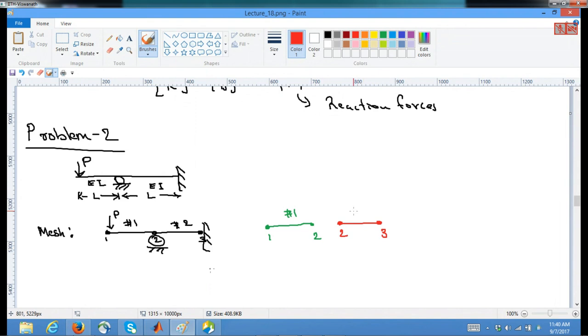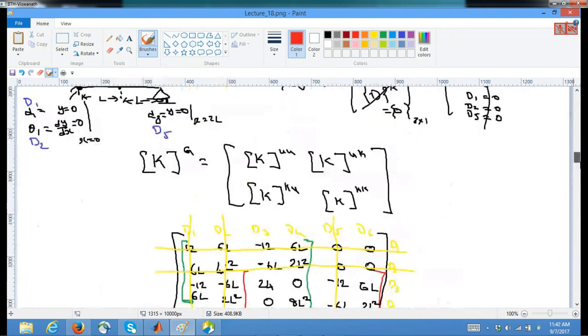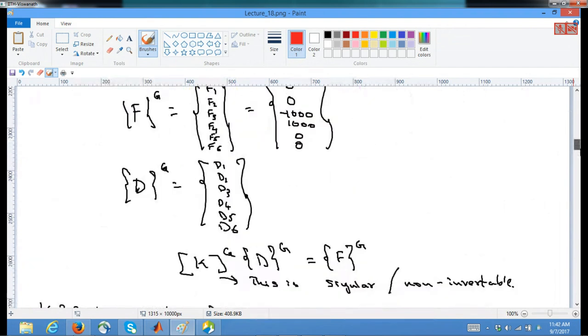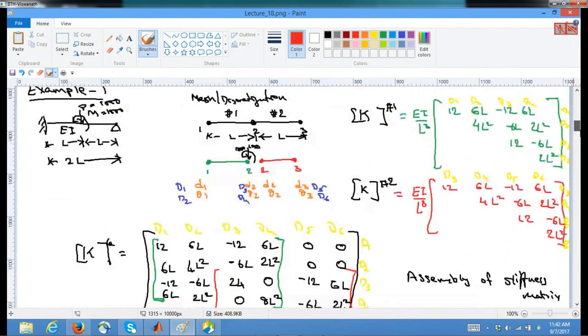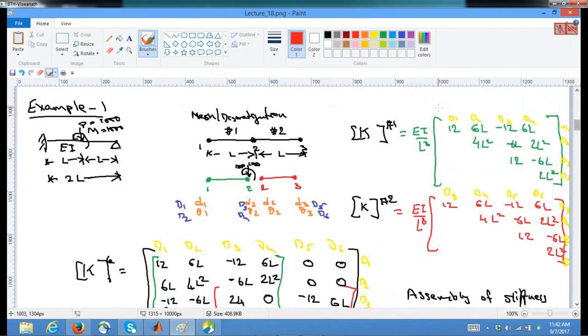If you look at it, each one is of length L. So even in problem 1 we have 2 elements, so the entire procedure is the same. The purpose of choosing this problem is I don't want to repeat all these things twice today. So the K for element 1 and K for element 2 remain as they are because it is the same thing. So I'll take this again and use it elsewhere.